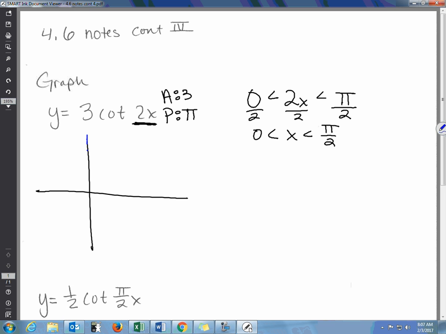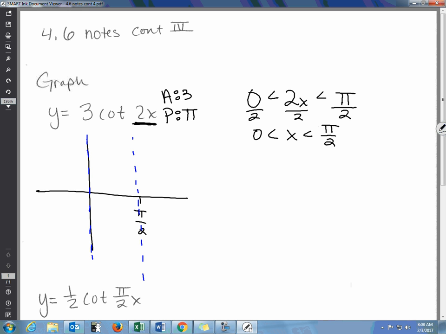So we have a vertical asymptote at 0, and then if I put pi over 2, our next vertical asymptote is there. And if you were to continue, you would go another pi over 2 units, so at pi, and you put another set, and then you could graph another period length of cotangent.